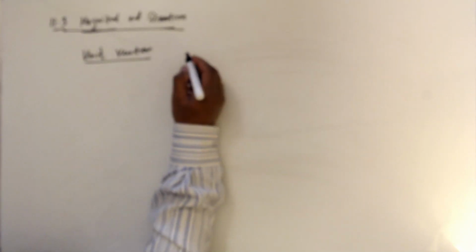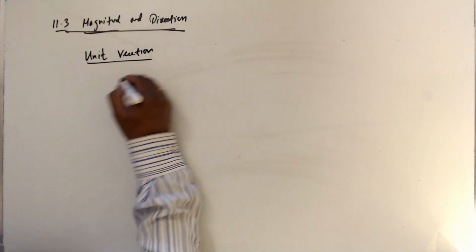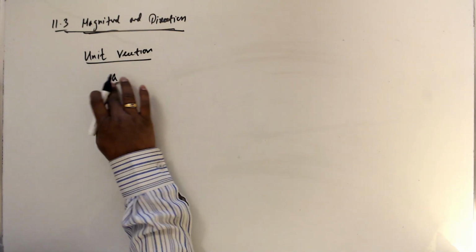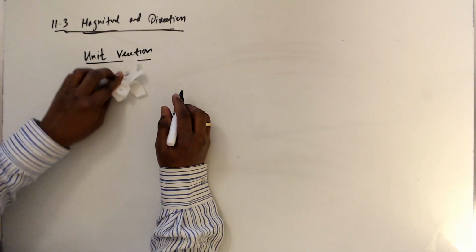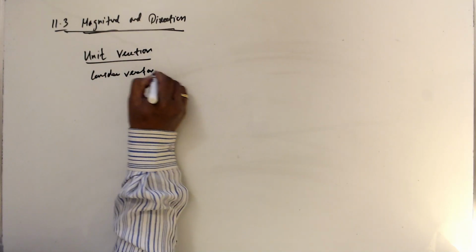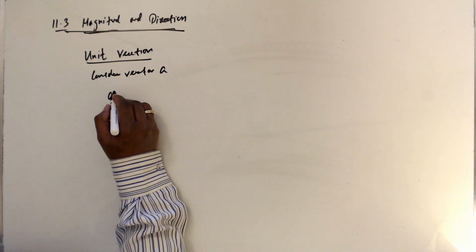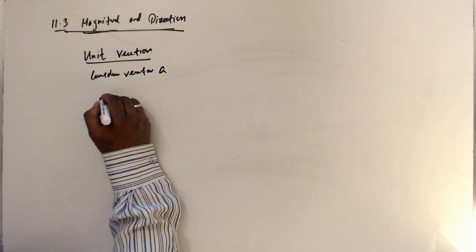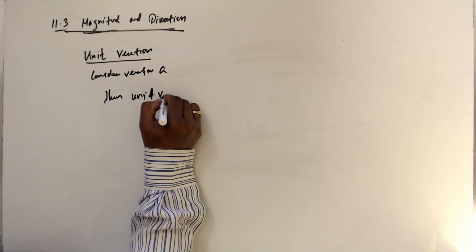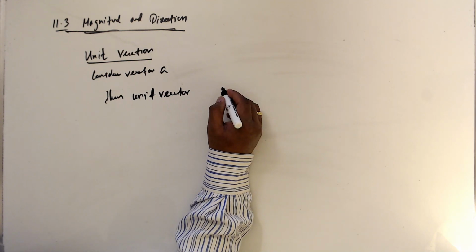Let's discuss unit vector. Unit vector is, assume we have a vector A, and we want to find the unit vector of vector A. Then the unit vector you can find in this direction.